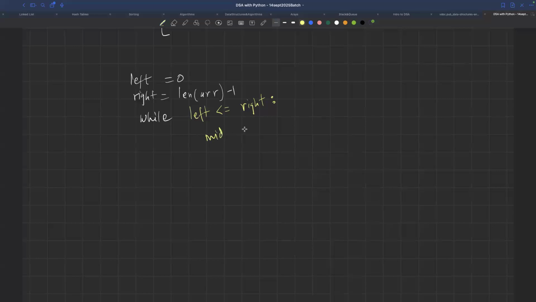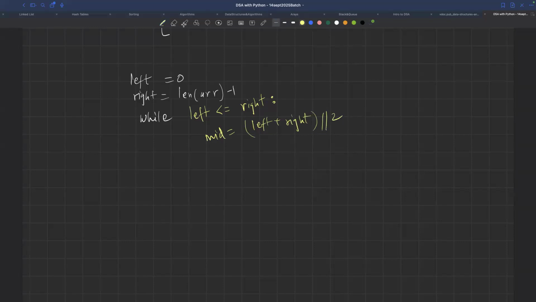So mid is equal to left plus right by 2. We'll write it like this. This is float division, all of you know.